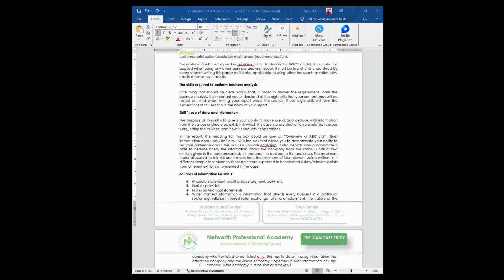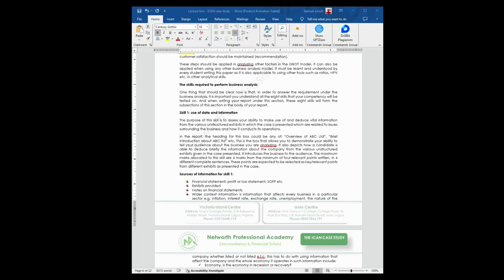Under the requirement, the examiner never mentioned the value chain model. But because the case has been written in a value chain way, every participant in the exam should be able to identify that it is a value chain model that is suitable for such a scenario.